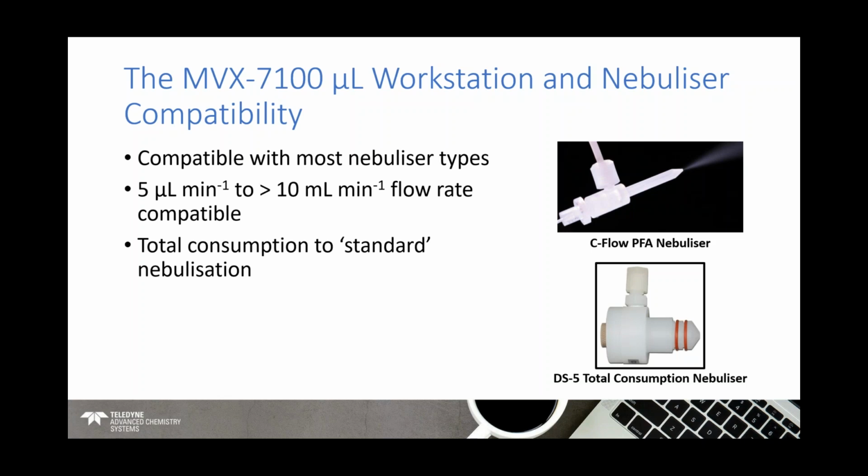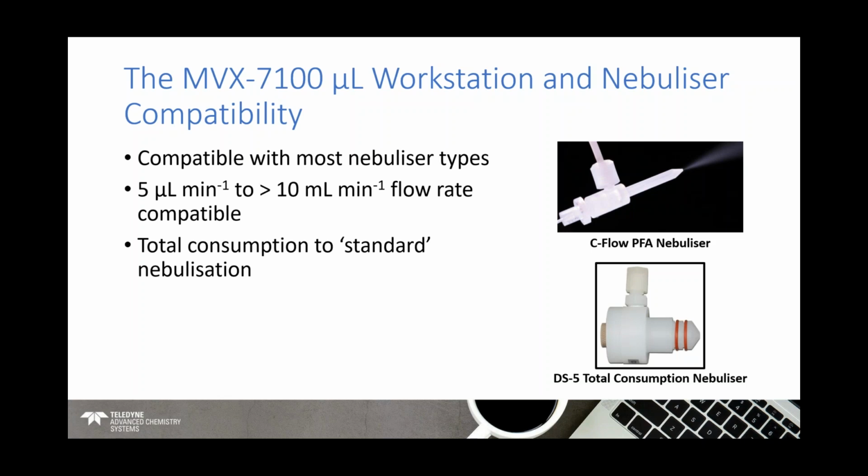The introduction flow rate that the MVX 7100 system can deliver covers pretty much all nebulization that you would require for ICP-MS. Going down to 5 to 10 microliters per minute covers total consumption, where you are introducing a very small amount of sample liquid to a nebulizer and not sending anything to drain.